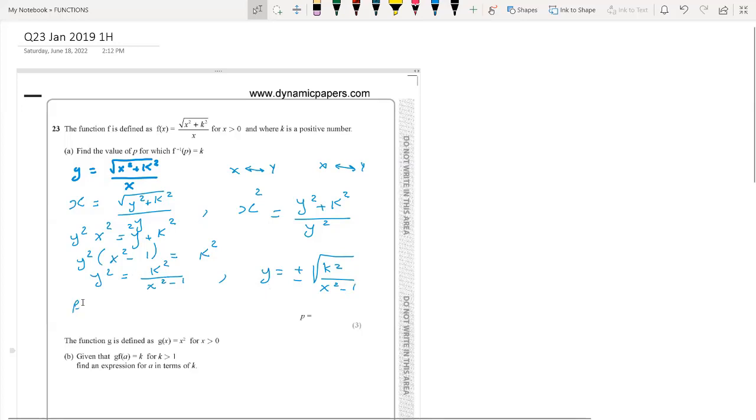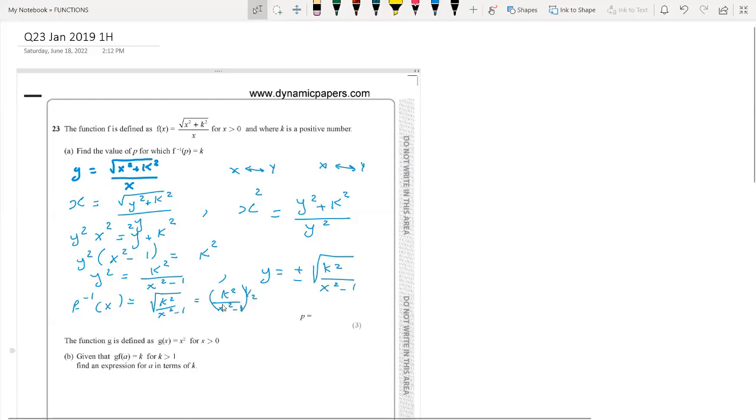So f inverse of x is the positive root of k squared over x squared minus 1, or we can write it another way: k squared over x squared minus 1, all to the power half.